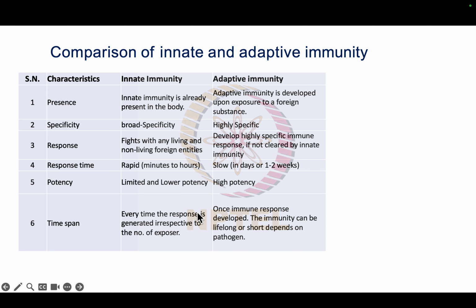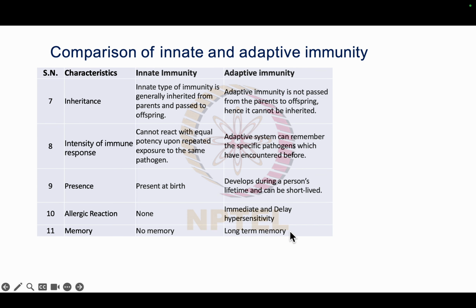Time span: every time the response is generated irrespective of the number of exposures. Adaptive, once the immune response is developed, the immunity can be lifelong or short, depending on the pathogen. Innate immunity is generally inherited from parents and passed to offspring, but adaptive is not passed from parents to offspring, hence it cannot be inherited.